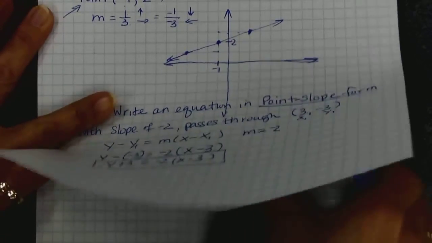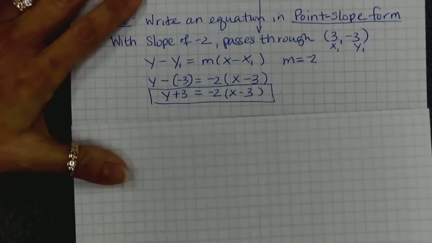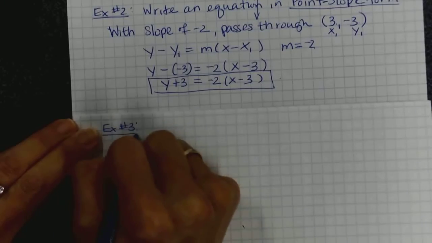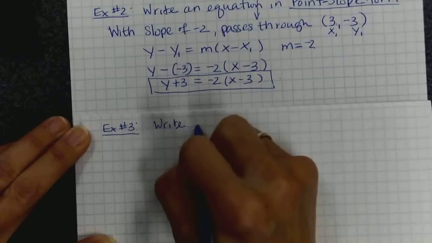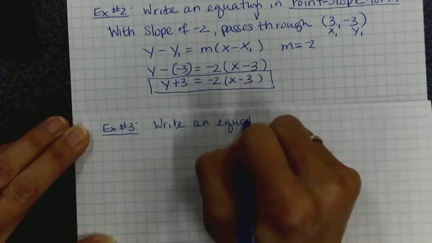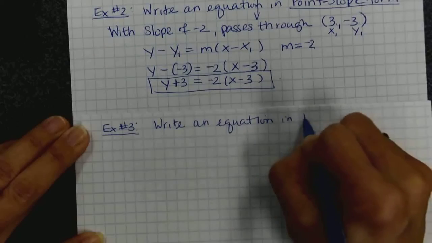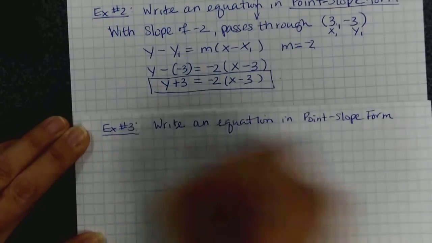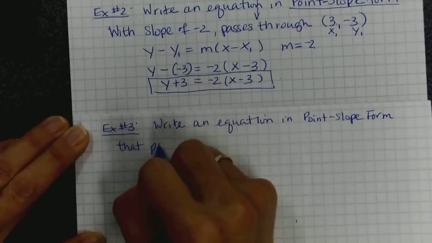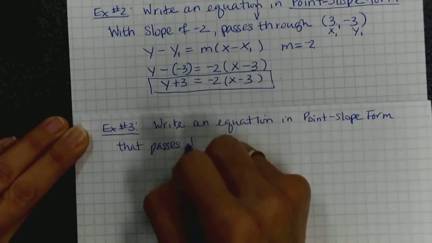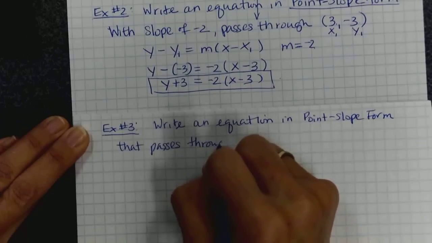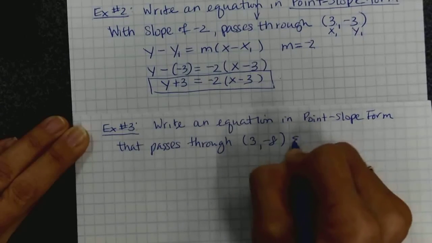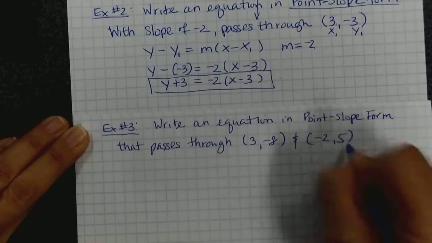Now, in another example, example number 3, I want you to write an equation in point slope form that passes through 3, -8 and -2, 5.